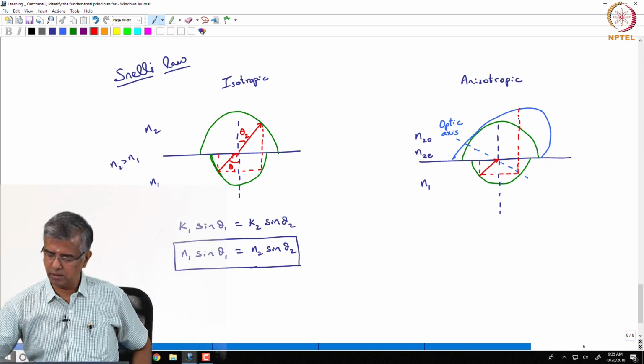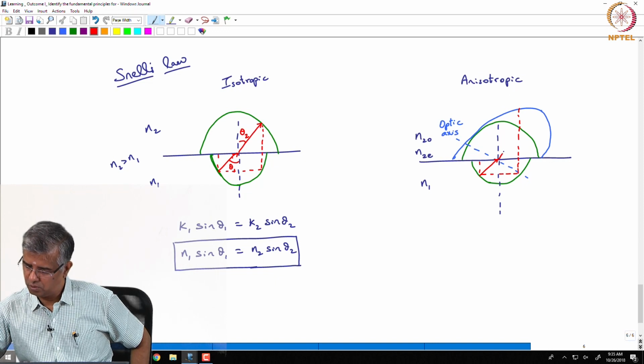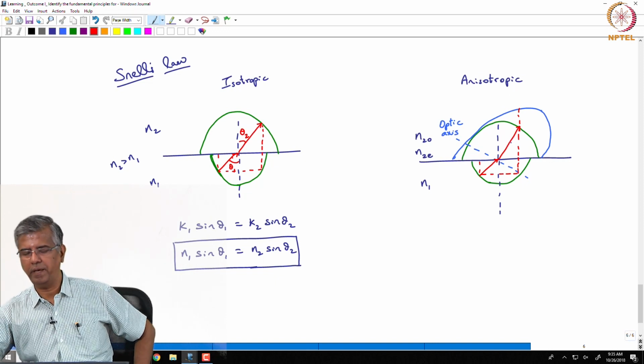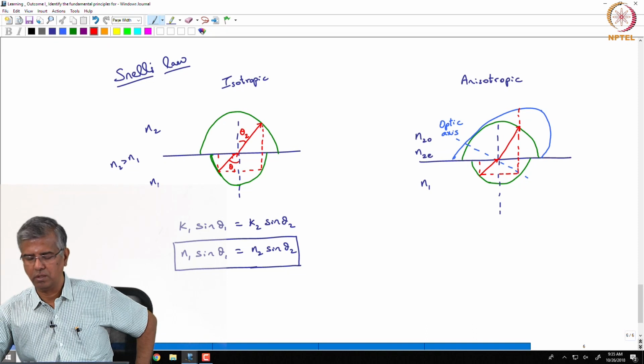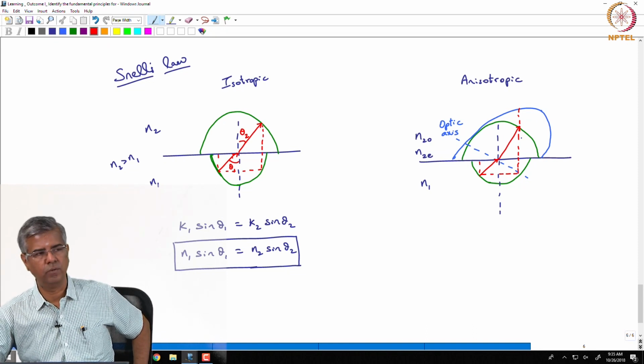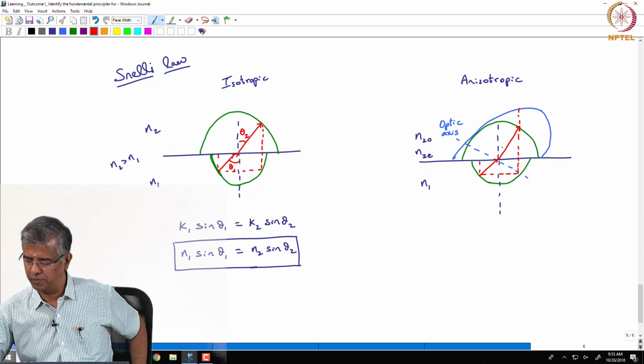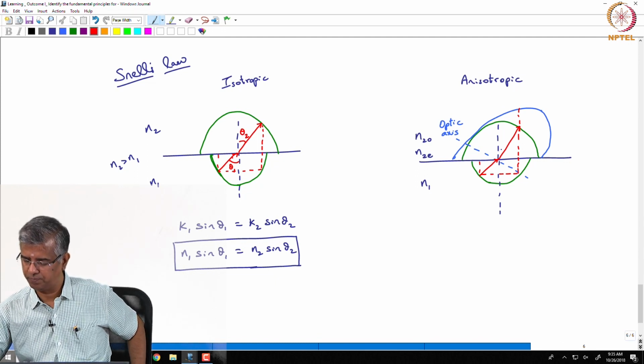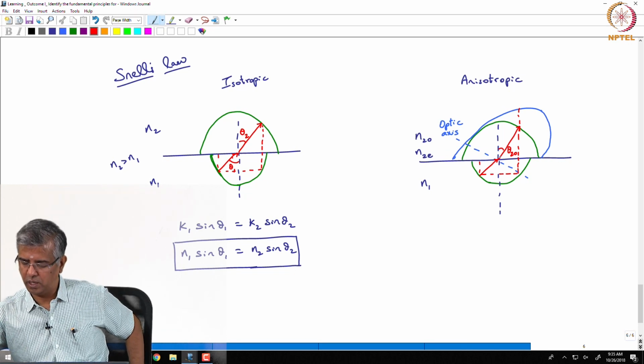So, in this case you have one wave that meets one wavefront in one direction, and this angle we can call theta 2O.